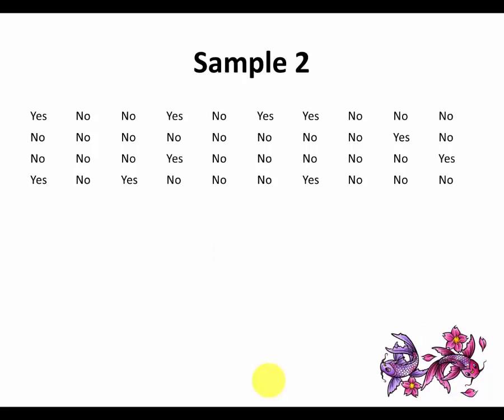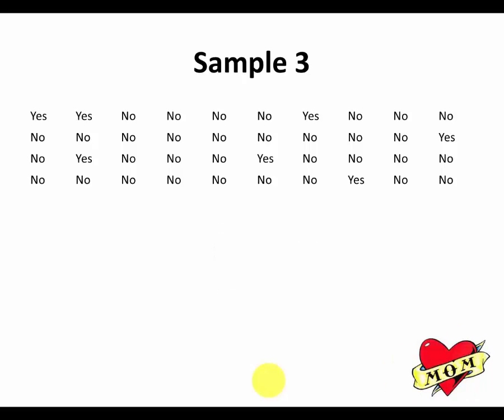Sample 2, different 40 students asked about whether or not they have a tattoo. In this case, if we add up the number of yeses, we discover that 10 said yes. Our sample proportion, p hat, is equal to 0.25, the exact same as our population proportion. Sample 3, count up the yeses as we did in the last two.